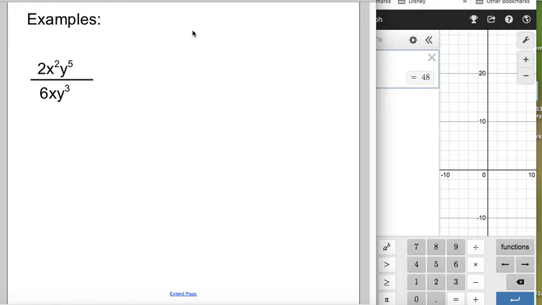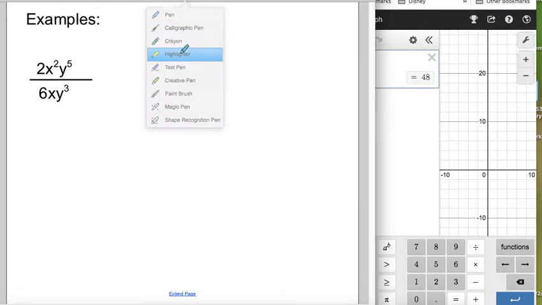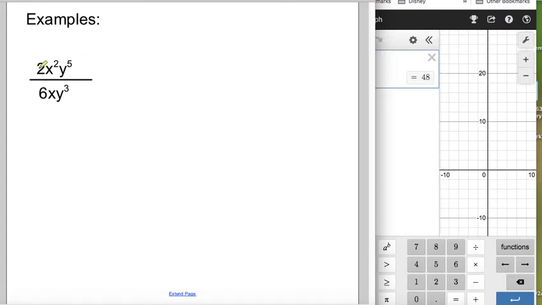Here's the first example we're going to look at together. So let's look at the parts that are in this example. We do have coefficients. We have a 2 and a 6. Those are our coefficients. For our like bases, we have x's and y's.